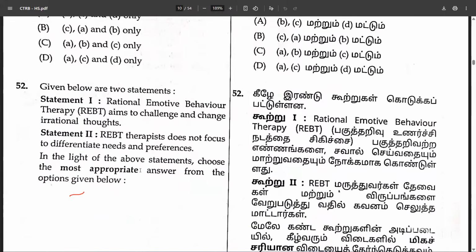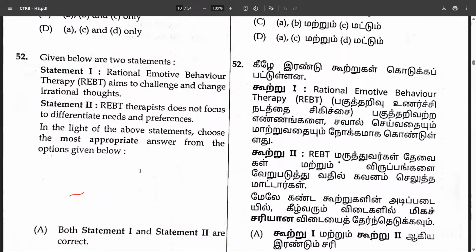Again, we have a statement based question. The first statement is about rational emotive behavioral therapy, that is REBT, aims to challenge and change irrational thoughts. Statement two is REBT therapist does not focus to differentiate needs and preference.